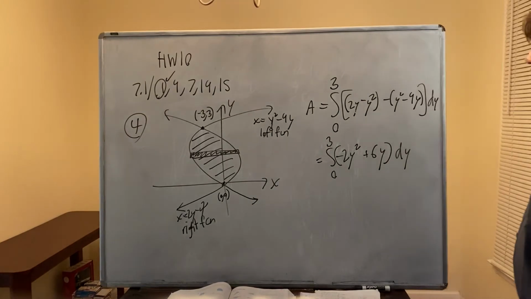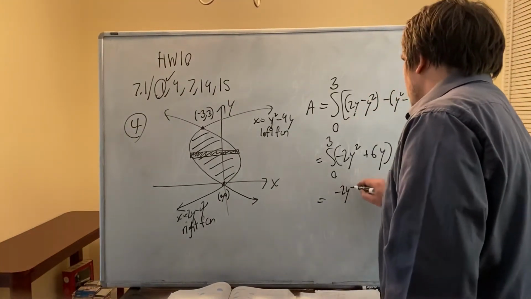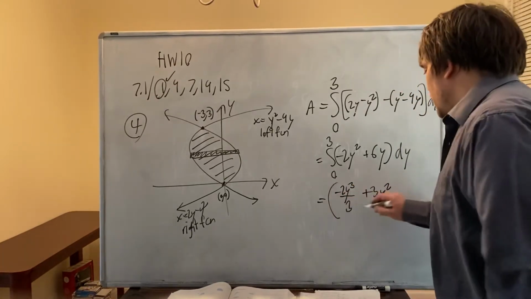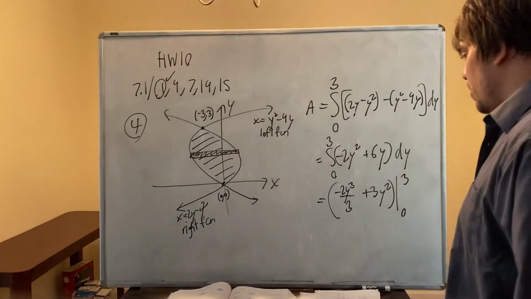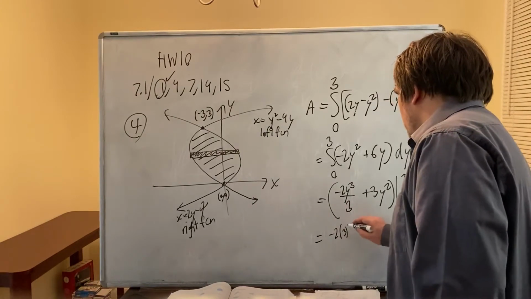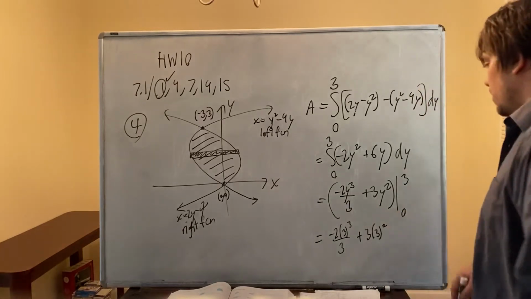Okay? And so this equals, take an antiderivative, negative 2y cubed over 3 plus 3y squared. And you evaluate from 0 to 3. You plug in 3, you get negative 2 times 3 cubed over 3 plus 3 times 3 squared minus 0.